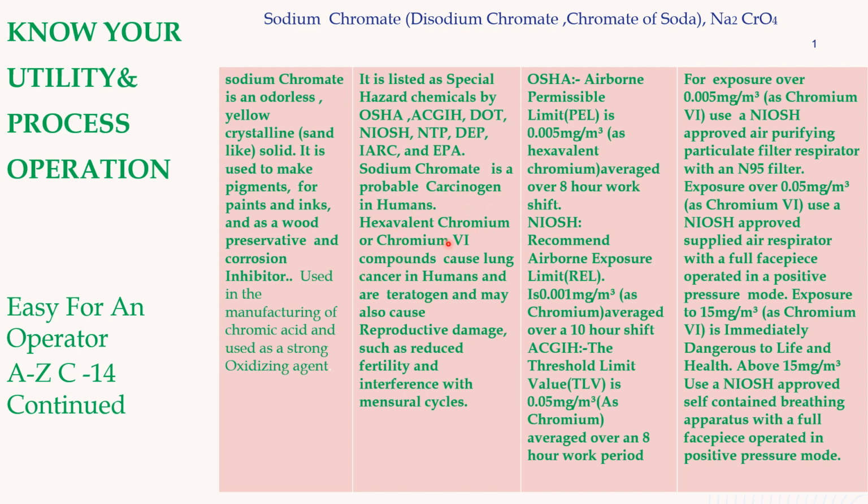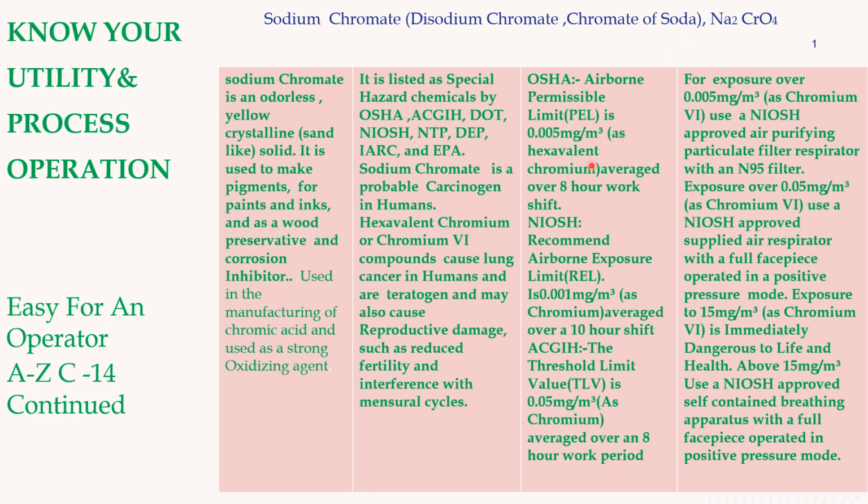Mainly hexavalent chromium or chromium 6 compounds cause lung cancer in humans and are teratogens and may also cause reproductive damage such as reduced fertility and interference with menstrual cycles in ladies. So we have to be very careful when working in the chromate or hexavalent chromium atmosphere.